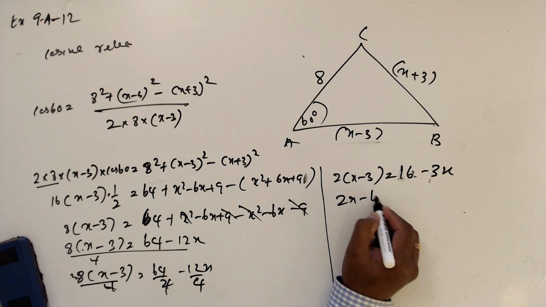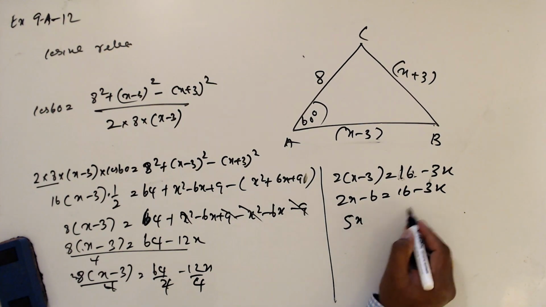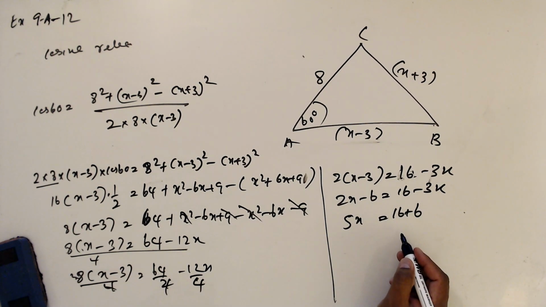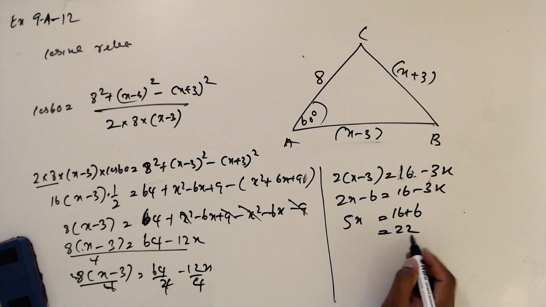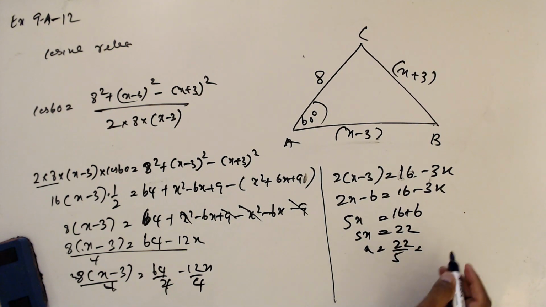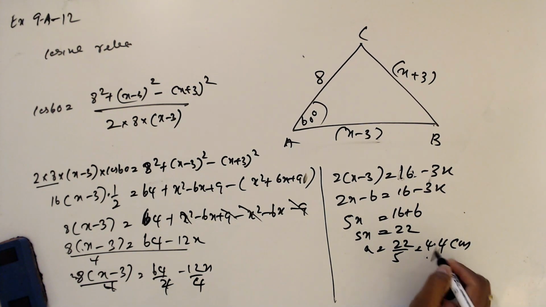Now 2x minus 6 equals 16 minus 3x. So 5x equals 16 plus 6, which is 22, and x equals 22 over 5, which is 4.4 centimeters.